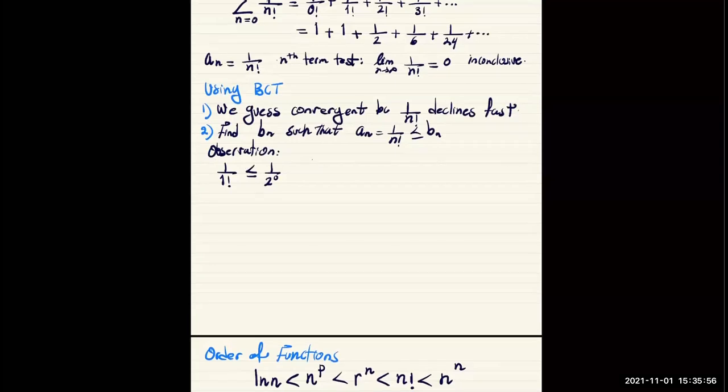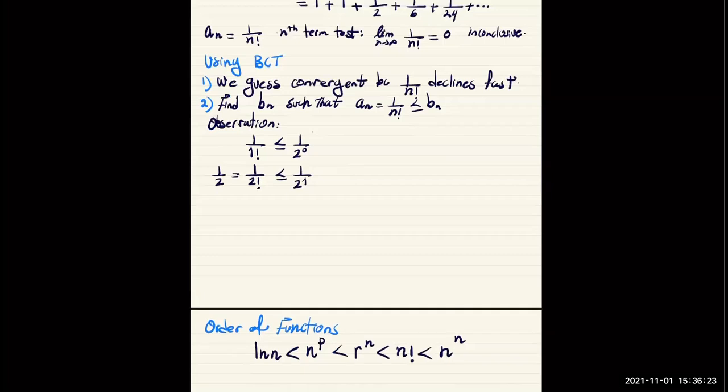Also, 1 over 2 factorial is just equal to 1/2. This is less than or equal to 1/2 to the power of 1. That is a true statement, because 2 factorial is 2, and 2 is equal to 2. So this inequality is true.